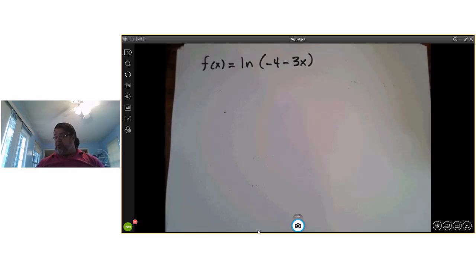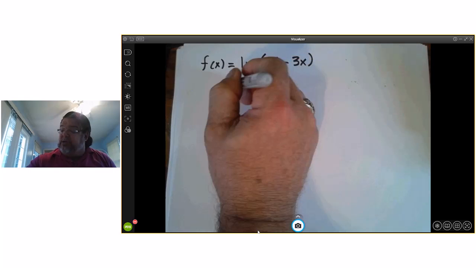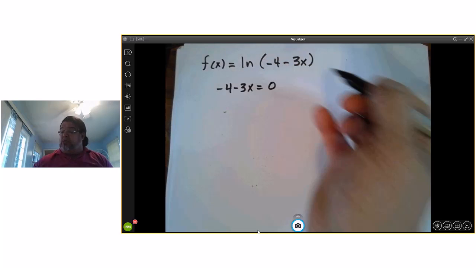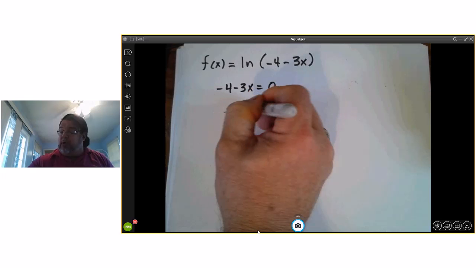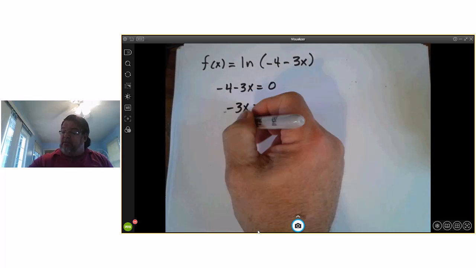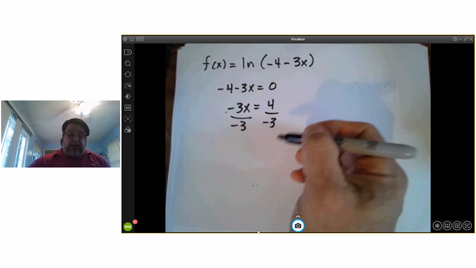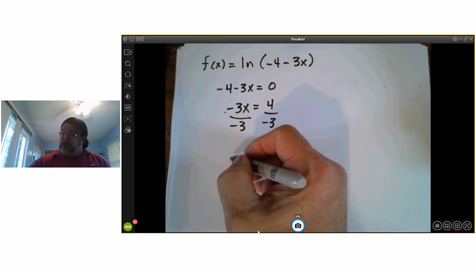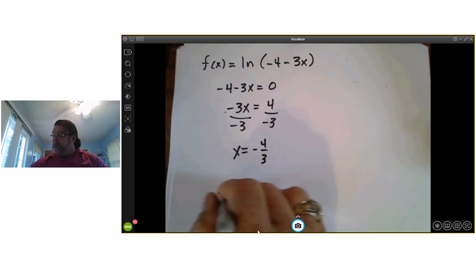All right, so I'm going to set negative 4 minus 3x equal to 0. And then I'm going to say negative 3x is equal to 4. And divide by negative 3, divide by negative 3, and I get x is equal to negative 4/3. Draw my number line.